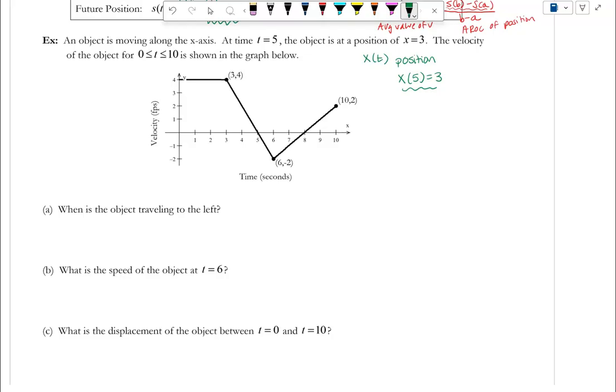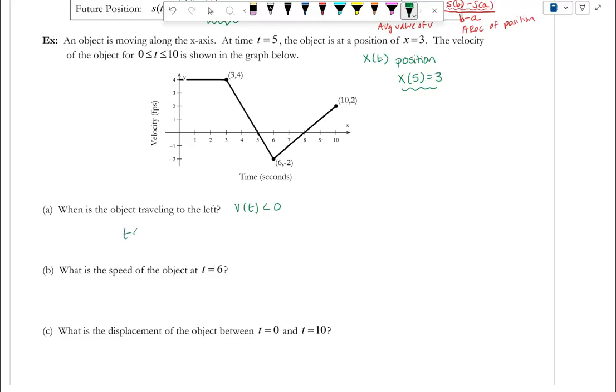So the first question we're asked is, when is the object traveling to the left? Remember, the sign of velocity tells us the direction in which we are traveling. I'm going to consider down or left to be a negative direction, because if I think on my x-axis, if I'm moving to the left, my position is decreasing. So what I'm really looking for here is where v of t is negative. So the object is traveling to the left on the interval from 5 to 8.